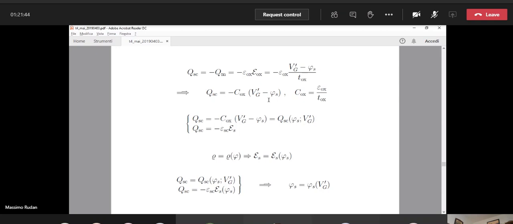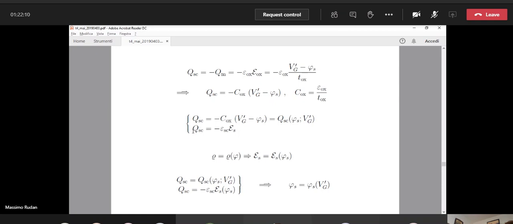So we need another relation, but we do have one. The relation we have just found, QSC as a function of phi s and Vg prime, is one of them.